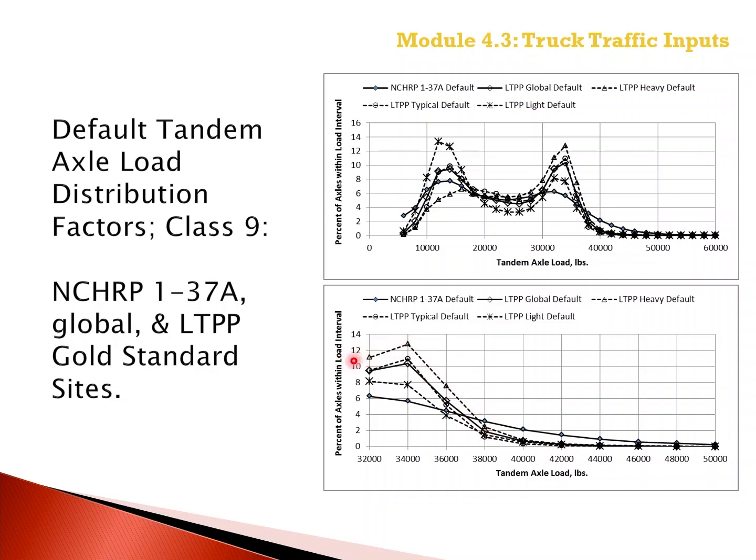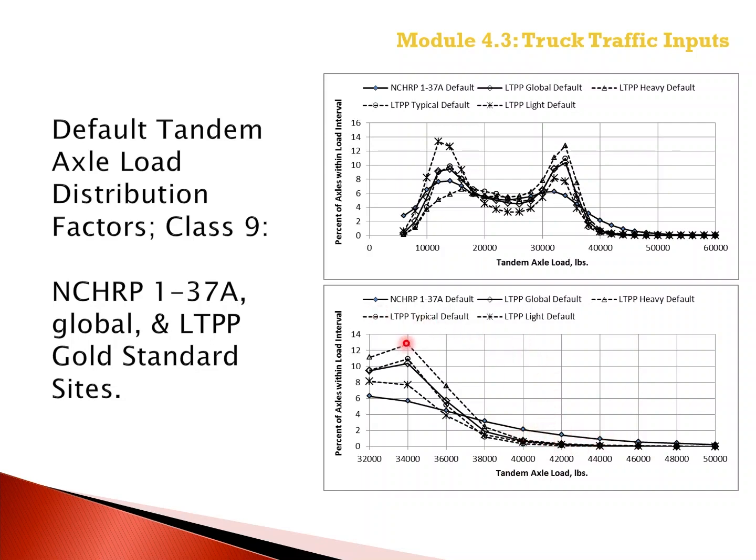So there's a difference between the LTPP heavy, which has a higher percent of axle loads near the legal load limit, but the NCHRP 137A has a much lower percentage of the number of tandem axle vehicle class 9 trucks at the legal load limit, but indicates a much higher percentage of overloaded trucks above the legal load limit.